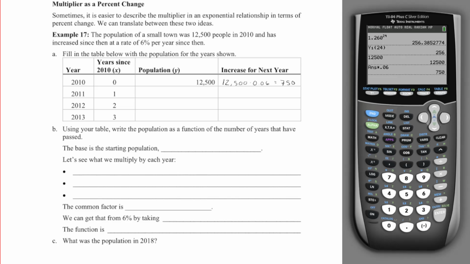And so in 2011, the population is now 12,500 plus 750 is 13,250, which means the increase from 2011 to 2012 will be 6% of that. 13,250 times 6% is 795.